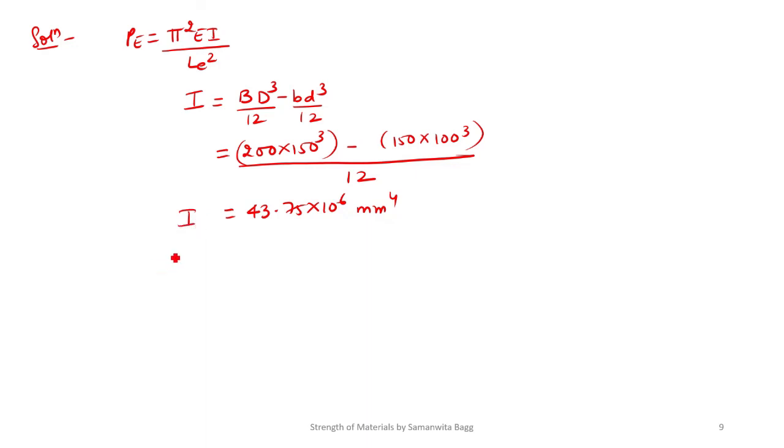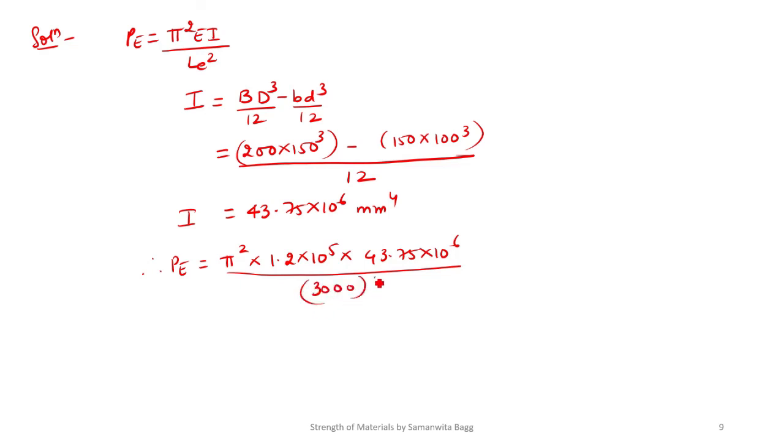This is the value of I. So therefore PE is pi square, E is given as 1.2 into 10 raised to 5, I is 43.75 into 10 raised to 6 upon LE, which is 3000 whole square. This will give me the answer as 5.757 into 10 raised to 6 Newton.